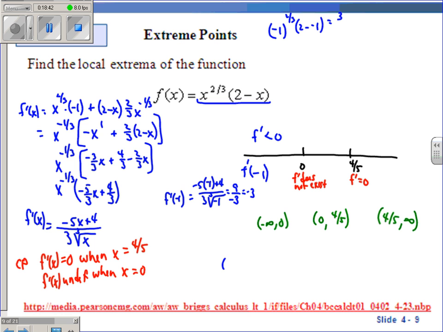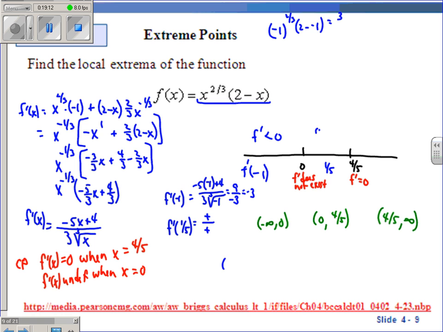Now between 0 and 4/5, let's just pick 1/5. Find if the derivative is positive or negative. F prime of 1/5. I'm not going to worry about the numbers now. -5 times 1/5 is -1 plus 4 will be positive. So I'm going to have a positive on top. 1/5 into the cubed root will be a positive number, so I'm going to have a positive number on the bottom also.